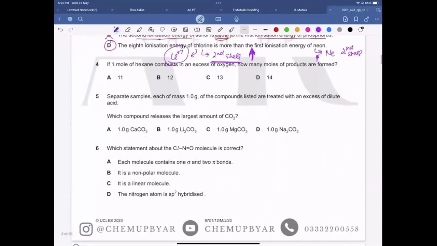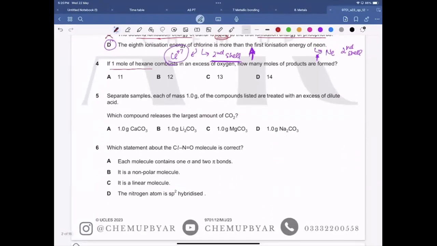Now question number 4. If 1 mole of hexane combusts in excess oxygen, how many moles of products are formed? Okay, so you know the formula of hexane. It's C6H14. When it reacts with oxygen, we will get carbon dioxide and water. So how many carbons are there? 6. So I'll put a 6. How many hydrogens are there? 14.